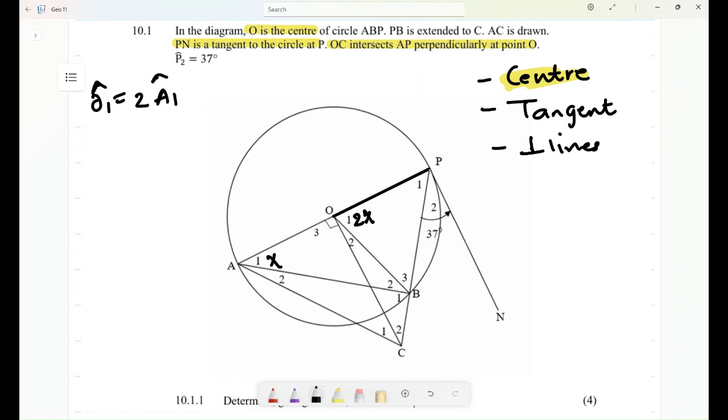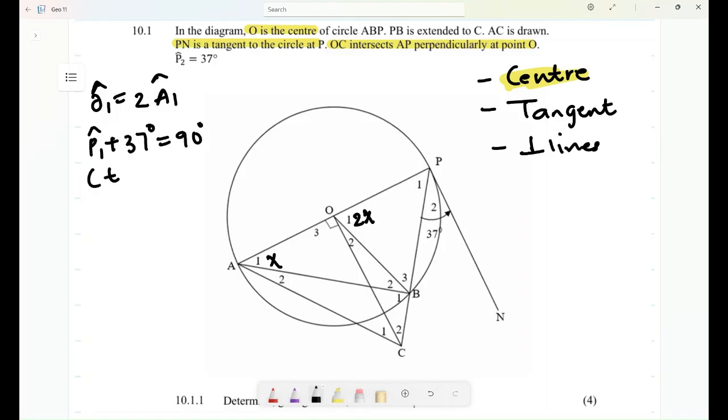It is perpendicular to the chord at a point of contact. So it means now this angle, it is 90 degrees. So it means what? Angle P1 plus 37 degrees, it is equal to 90 degrees.